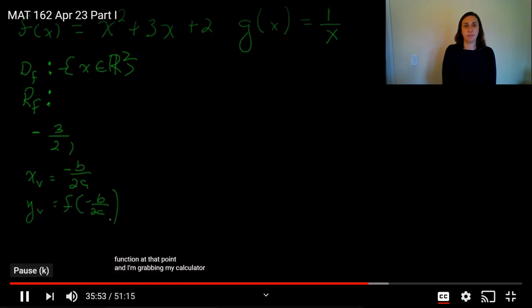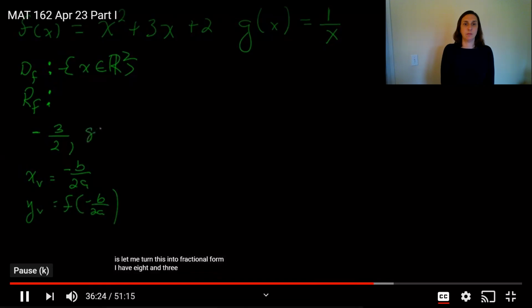And I'm grabbing my calculator here. And so -3/2 squared plus 3 times -3/2 plus 2 is, let me turn this into fractional form.